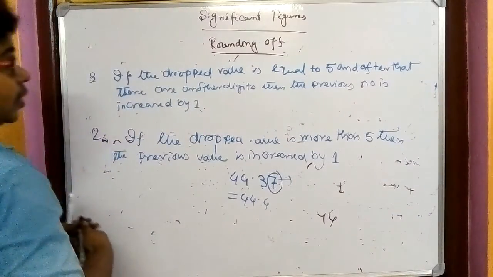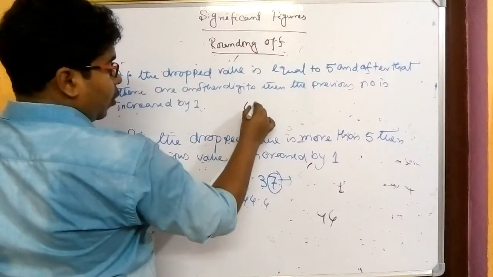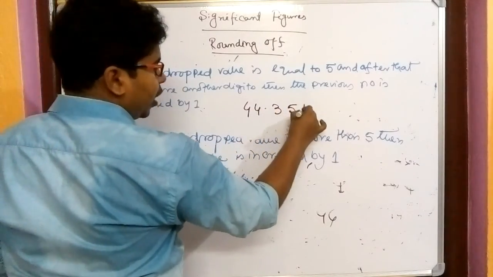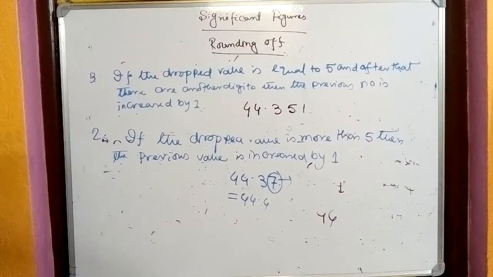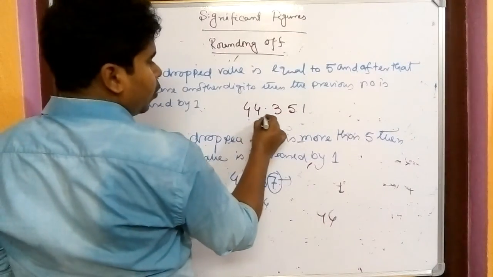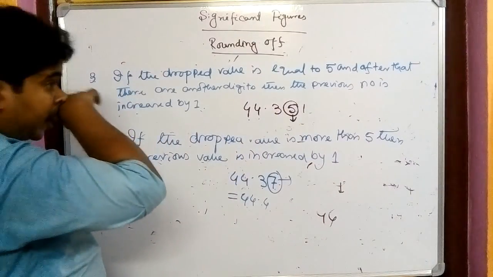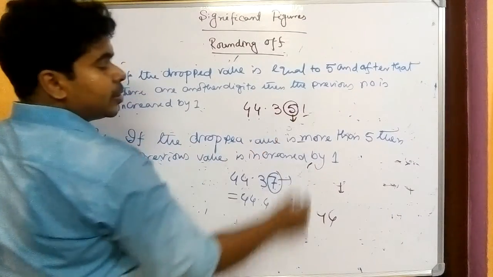Assume it is 44.351, and it is told to round off to 3 digits. So it is 44.3, the dropped value is 5, and after that 1 digit is there.